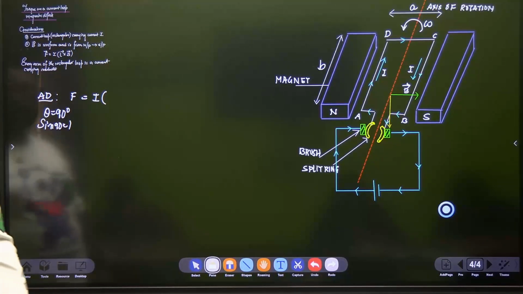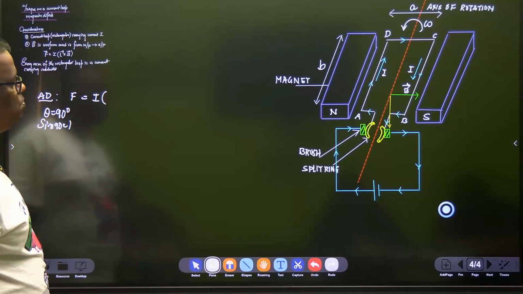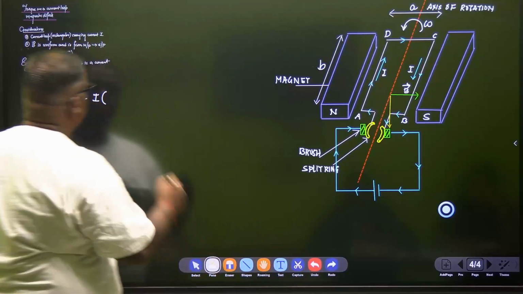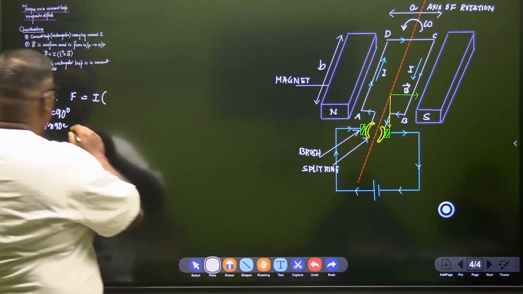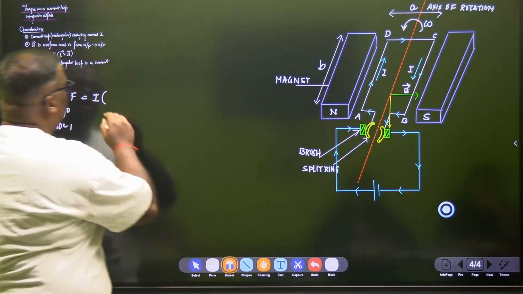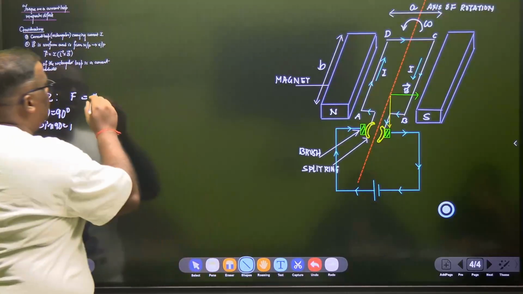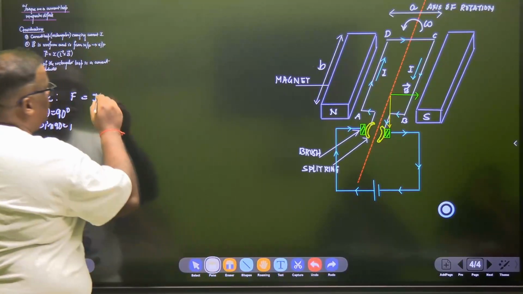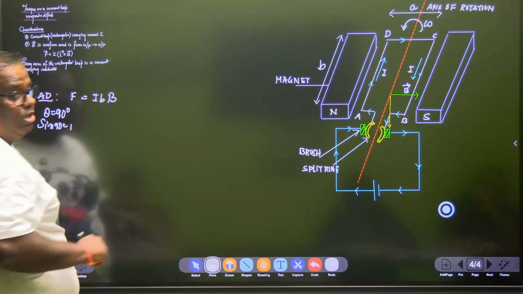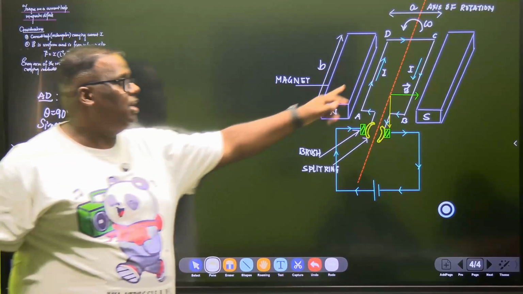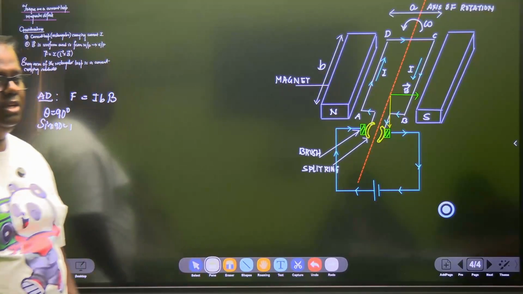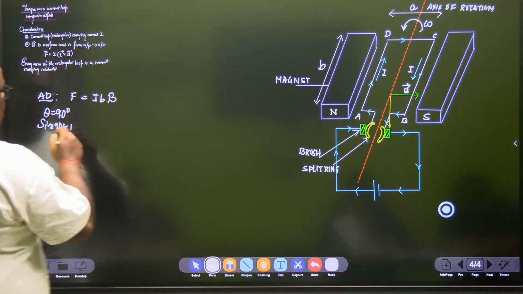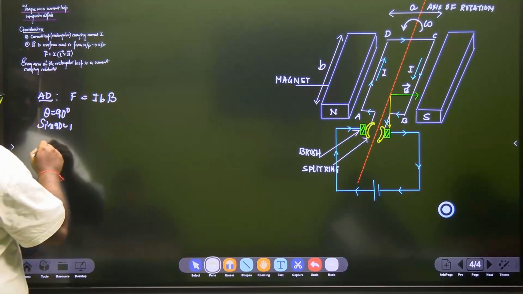So the force will be I, L cross B. In our case, sine 90 is equal to 1, and the L will be b. Have you understood this or not? b is the length on this side, so force is I B b. All right? Okay, fine.